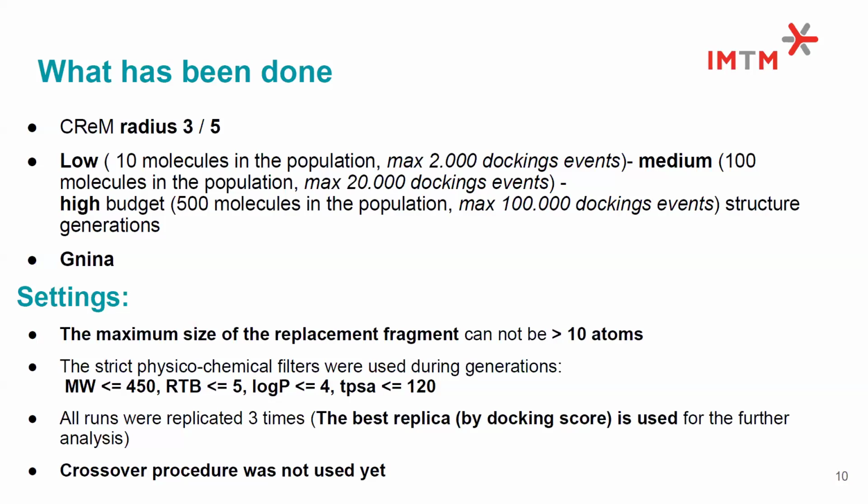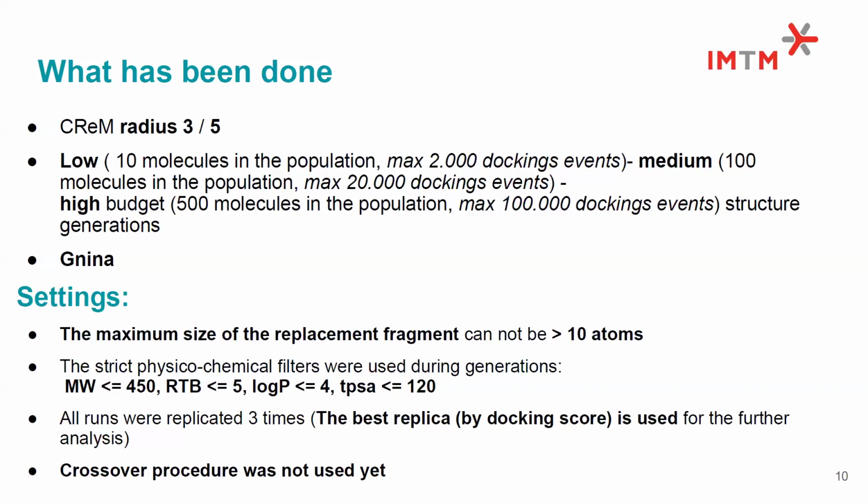Low stands for 10 molecules in the population, so a maximum of 2,000 molecules were generated overall and docked. The medium stands for 100 molecules in the population, so a maximum of 20,000 docking events and 20,000 new molecules were generated, and high budget is 500 molecules in the population.